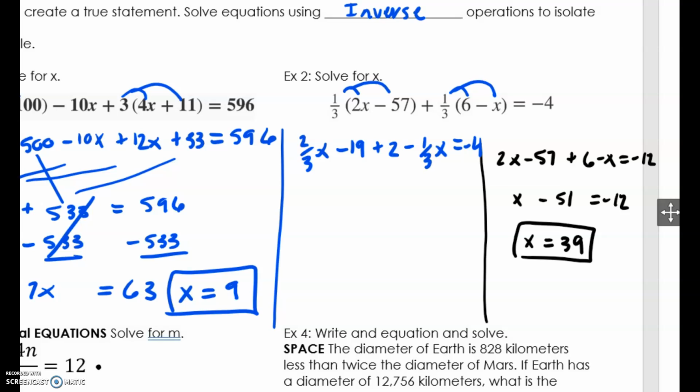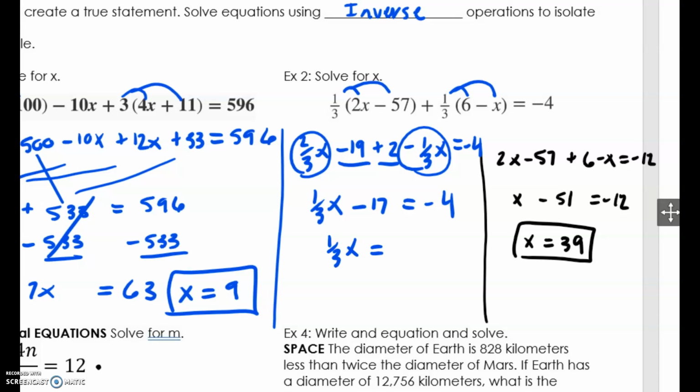I'm going to combine my like terms, so I'm looking at my x terms. 2/3 and -1/3 makes just 1/3. And then now I'm looking at my constants. -19 and 2, -17, still equal to -4. Add 17 to both sides. 1/3 x equals 13.